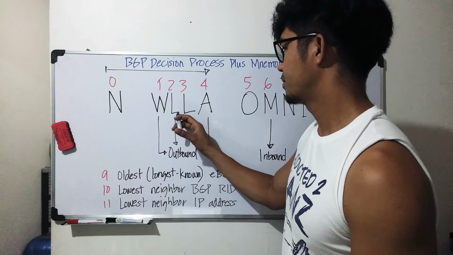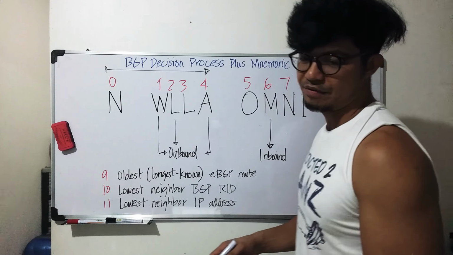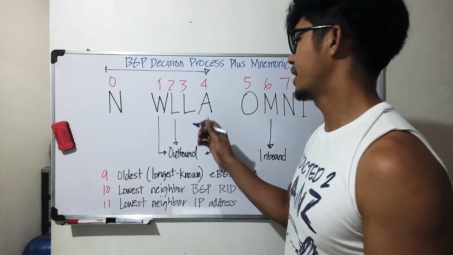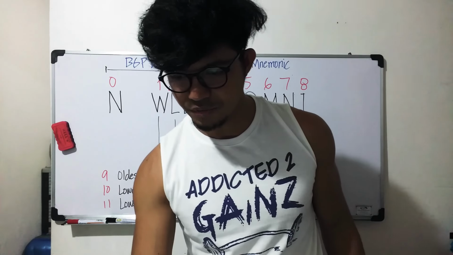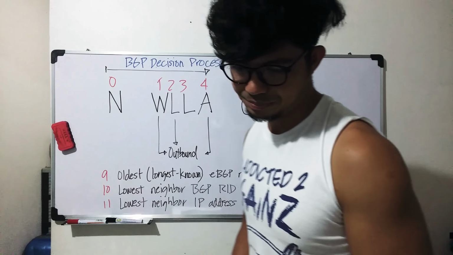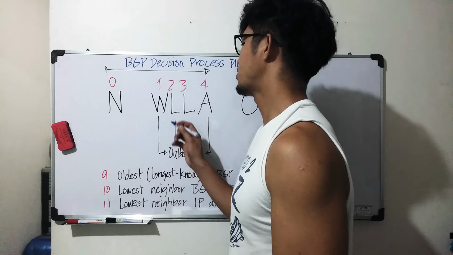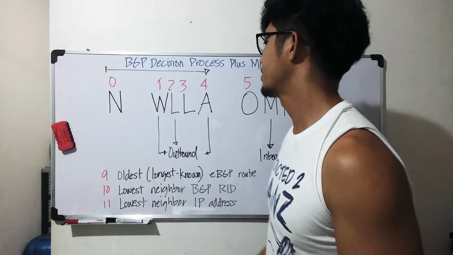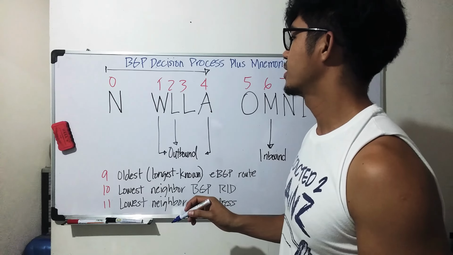and L is for local pref. The default value is 100, and bigger is better for local pref, or the highest value is preferred. The higher value is preferred over the lower value. L, locally injected routes.